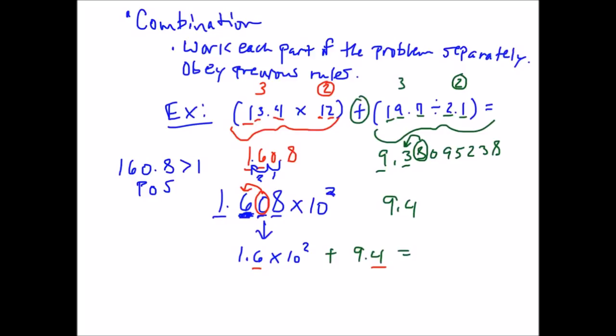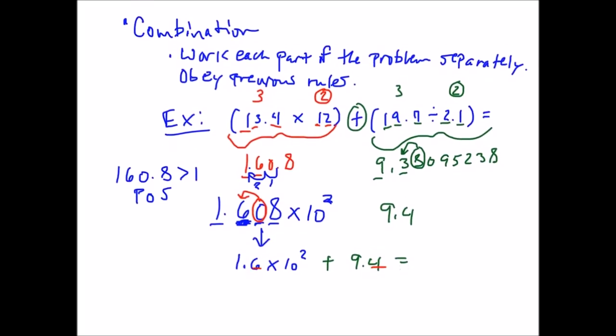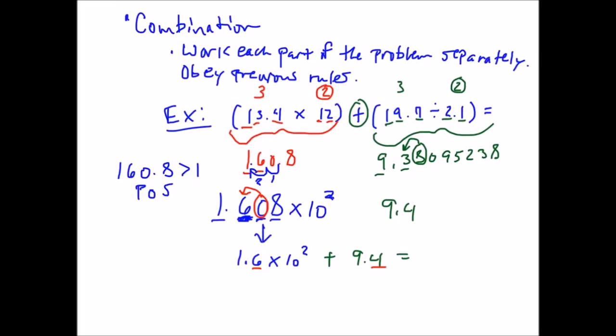So if you add 1.6 times 10 to the second plus 9.4, you get 169.4 as your answer, and that goes out to the tenths place like it's supposed to. So that's our final answer, 169.4.